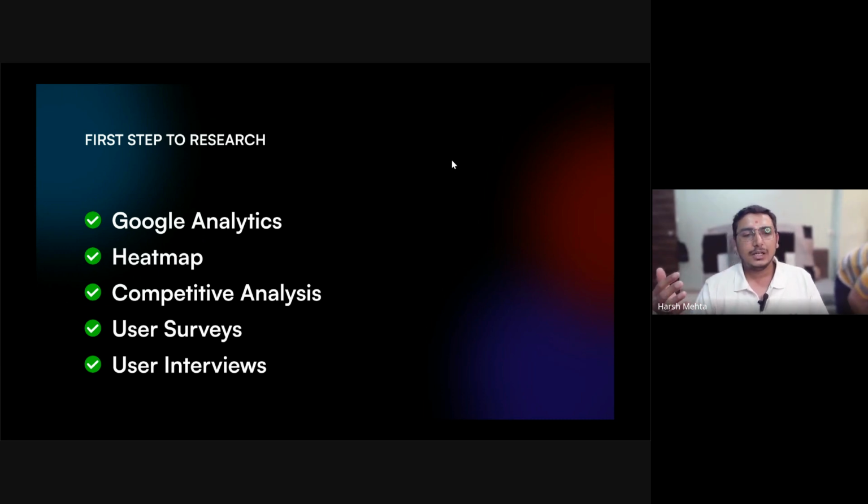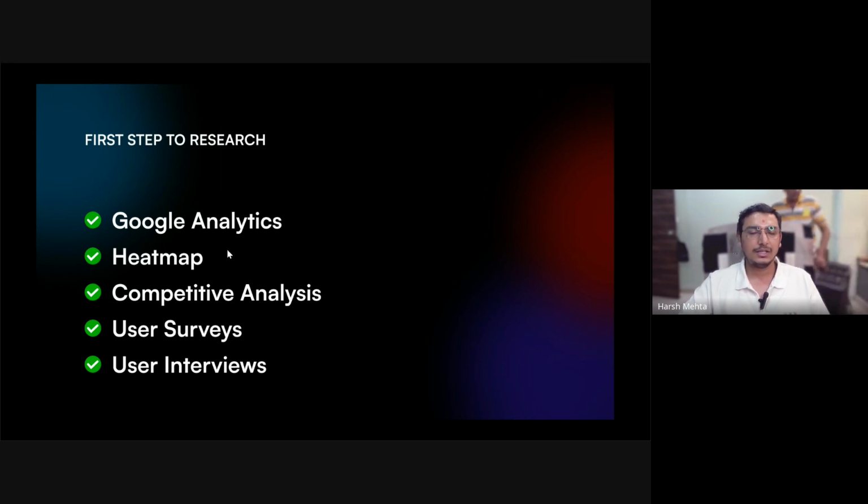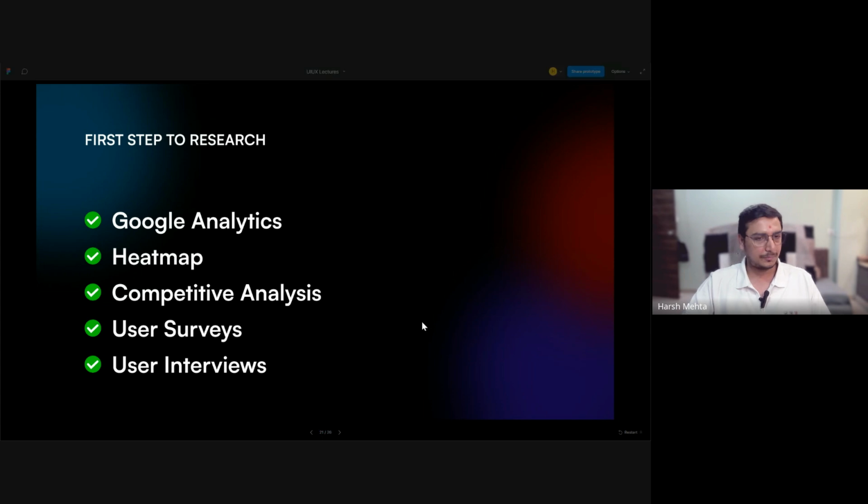Then what is a heat map? In the heat map, we get a more drill-down approach. For example, if I'm looking at this screen right now, as a user, if I'm clicking on the share button, on the link, or on full screen, heat maps give me data on where the user is clicking the most and where the user is scrolling the most.